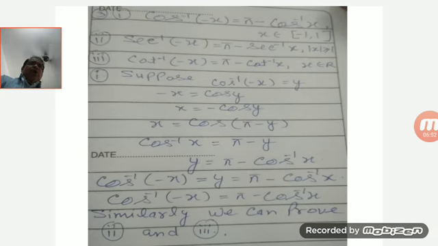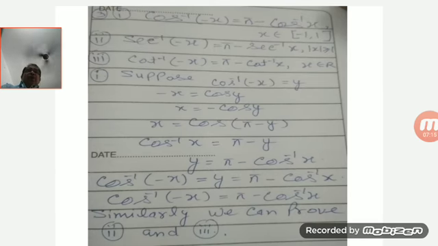So y is equal to pi minus cos inverse x. Y we took as cos inverse of minus x. So cos inverse of minus x is equal to pi minus cos inverse x. Similarly we can prove the second and third one.